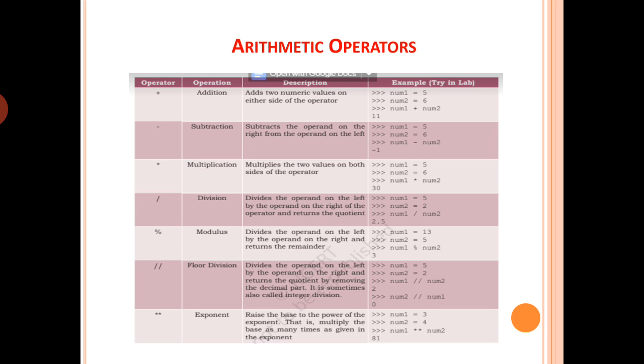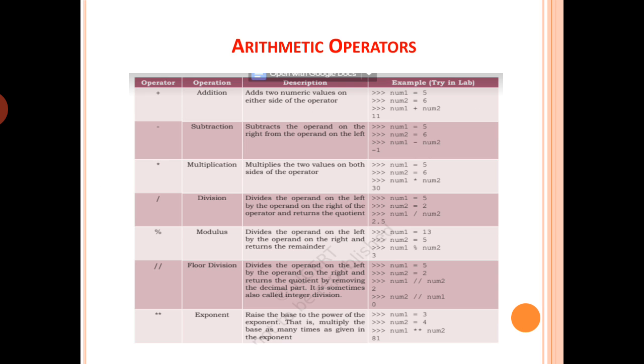Arithmetic operators. Python supports arithmetic operators as shown in the table to perform the four basic arithmetic operations as well as modular division, floor division and exponential. Here the operator is given, their operation is given, description is given and example is given.